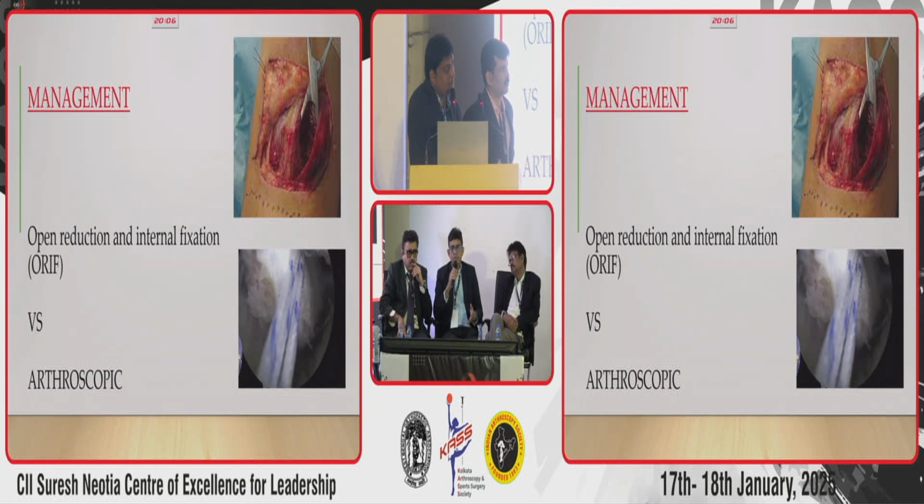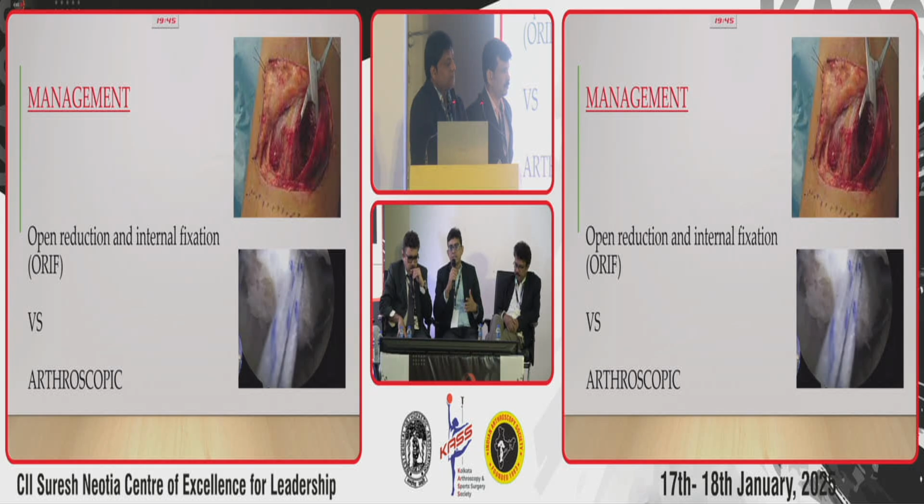There is not much difference between open surgery and arthroscopic surgery. And there is a beautiful technique demonstrated that even a small incision like 5 centimeters will do, where you place a screw from posterior to anterior. I think there is no harm in opening it.